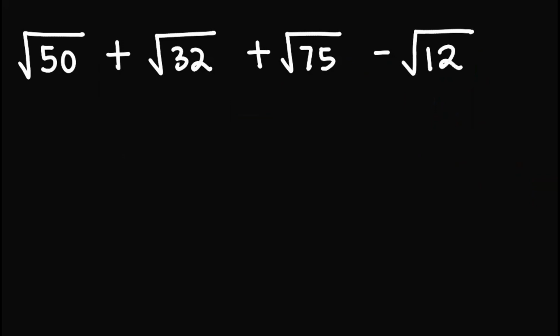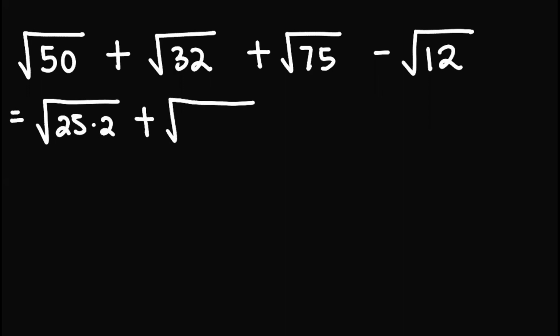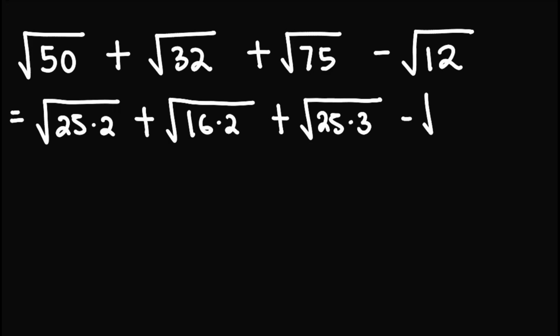Now, although the radicals might seem dissimilar at first, note that we can write this one as the square root of 25 times 2 plus the square root of 16 times 2 plus the square root of 75 can be written as square root of 25 times 3 minus the square root of 12 can be written as 4 times 3.